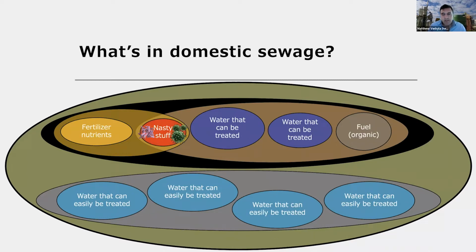Now, how else can we conceptualize domestic sewage? Well, urine can be seen as a resource. It contains very high concentrations of nutrients and relatively low quantity of pathogens. So these can be seen as a resource for producing sustainable fertilizers. Feces, on the other hand, is the nasty stuff.